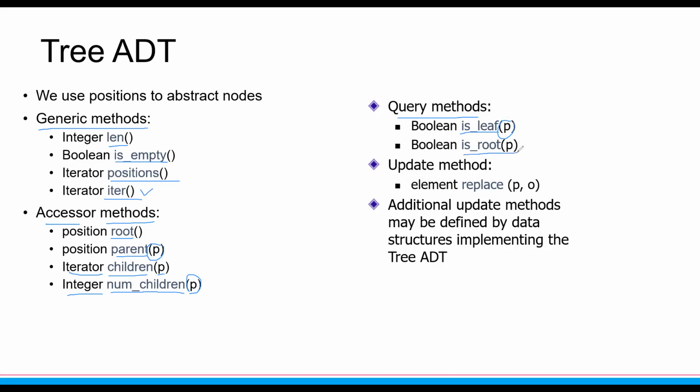If it is a root, then there is no parent. And then for the updating method, we can just use replace. So replace the position P with object O. You can define your own method. So you can have the methods to define the tree ADT, but for this, I think it's enough to explain about the tree ADT.